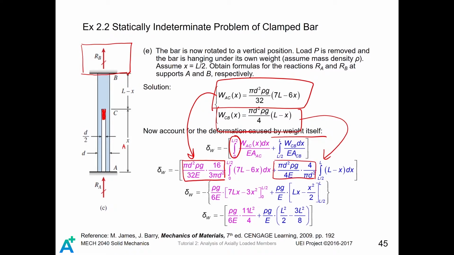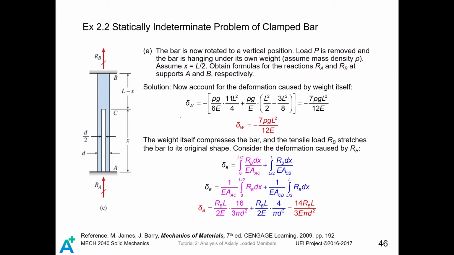At the same time, we integrate the linear formula inside the integral to be like this, and we substitute our lower and upper limits to get the result. We simplify the result on the last page to get that the deformation caused by the weight itself is given by minus 7 rho g L squared divided by 12E.